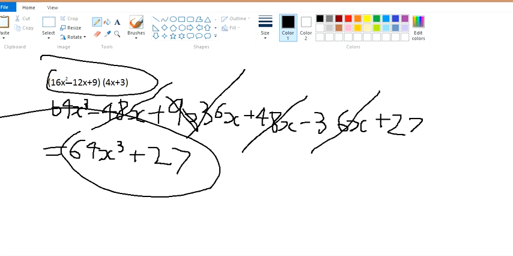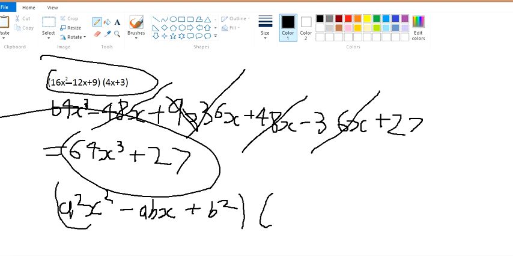However, it applies only to a very specific form, and that form is (a squared x squared minus abx plus b squared) in parentheses, times (ax plus b).